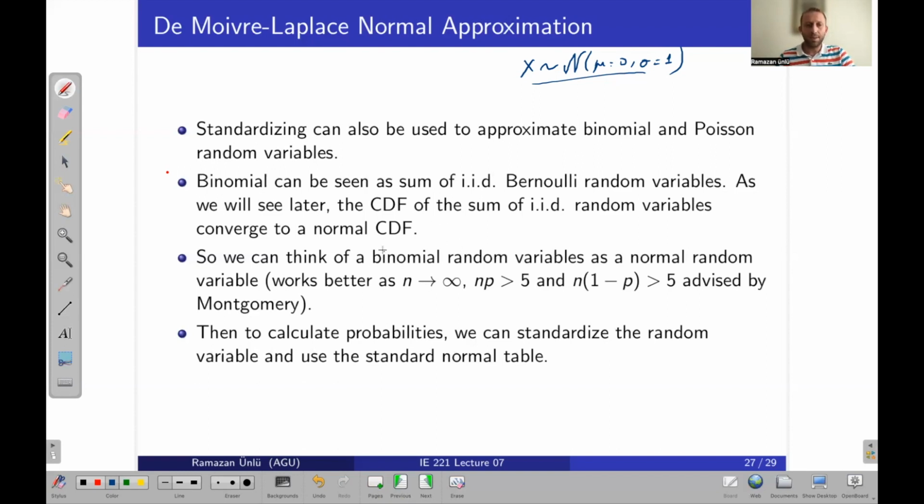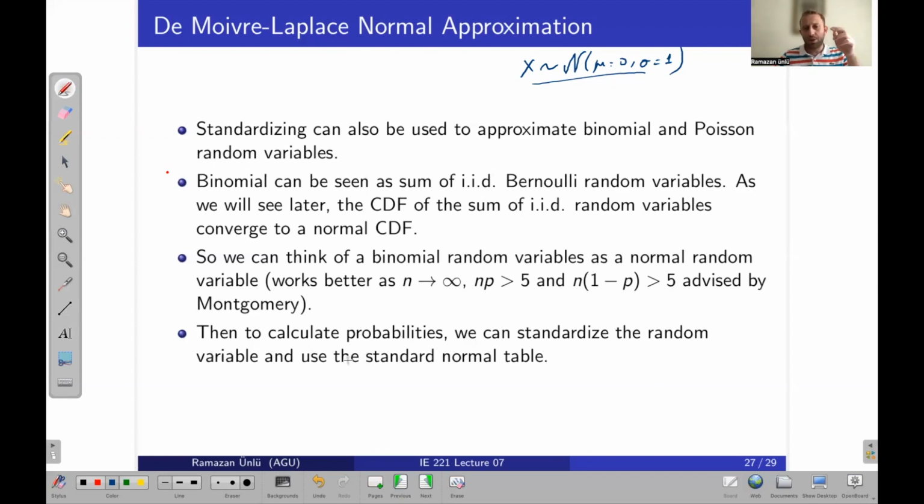And that convergence works better as n goes to infinity, with n times p greater than 5 and n times 1 minus p greater than 5, which is advised by your textbook.